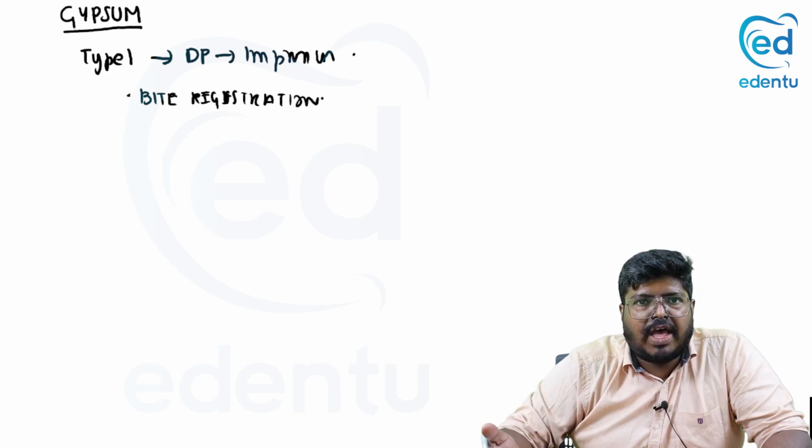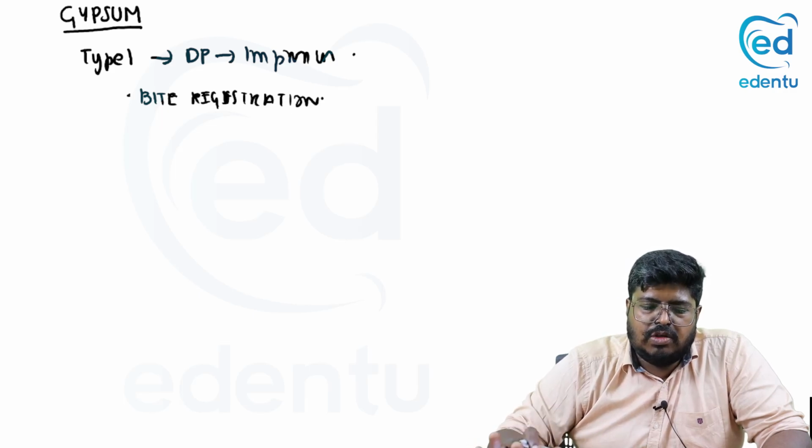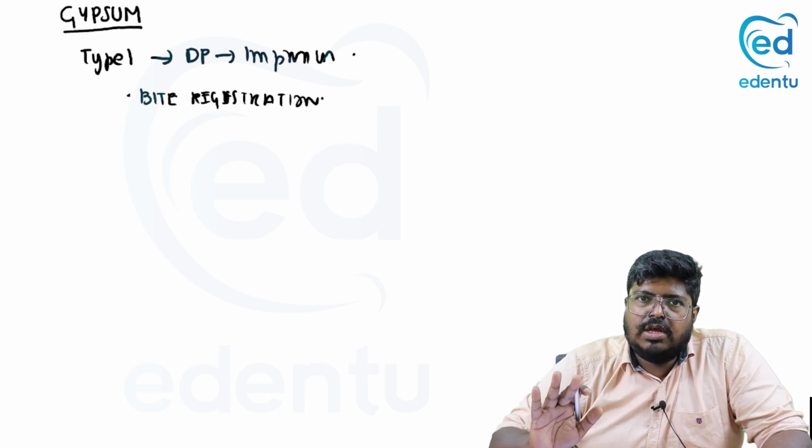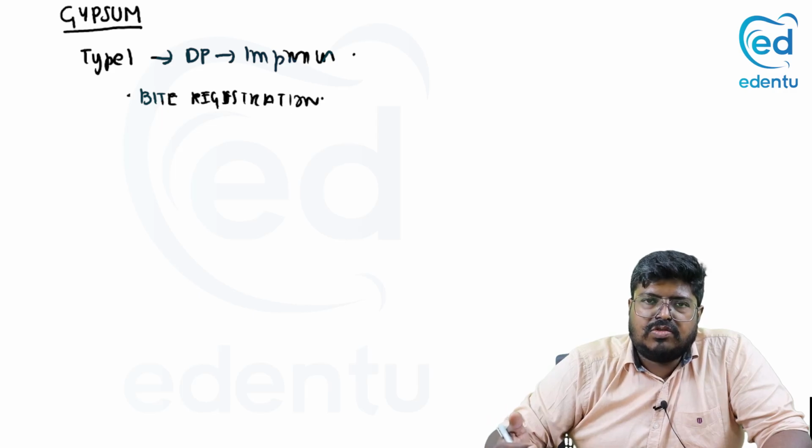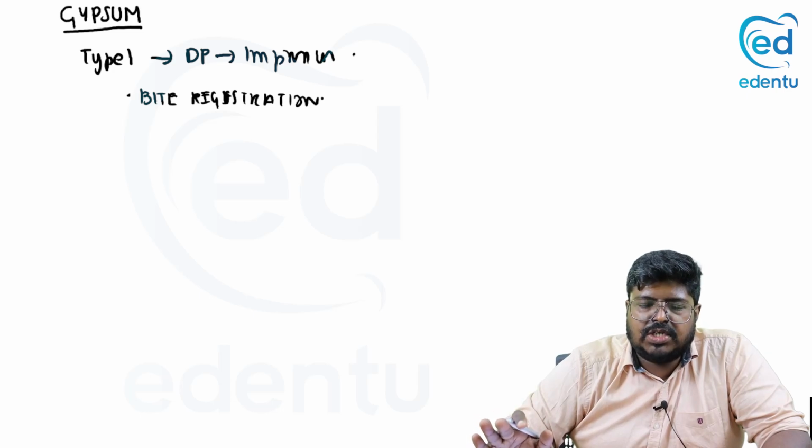We use waxes and elastomerics for it right now in our labs, but there is a use where you can use it for bite registration. Therefore, when it comes to answer writing, you have to give this small brief history, then give the uses. The uses were primarily to make impressions of complete denture and maxillofacial prosthesis patients, and as a bite registration material.